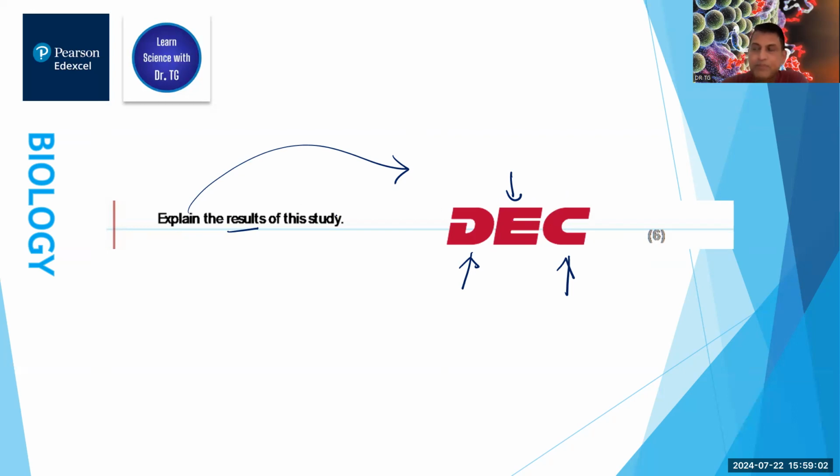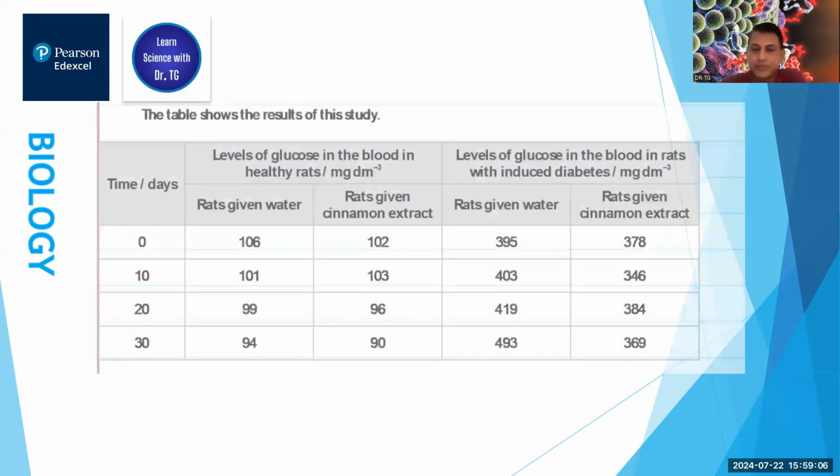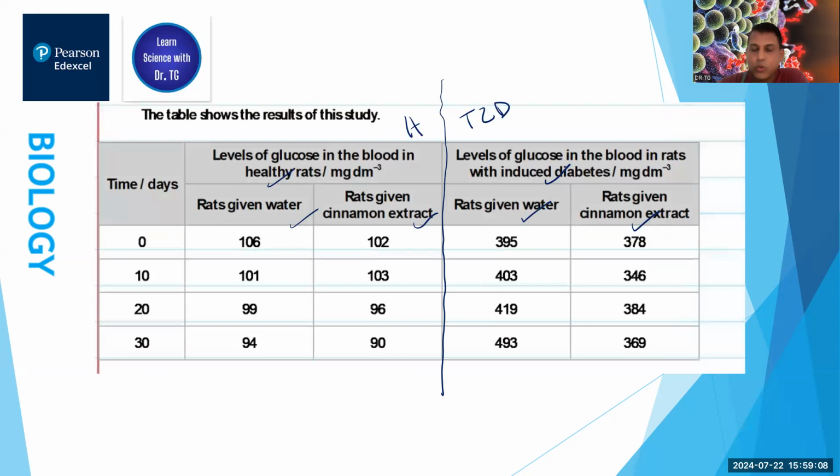First of all, you need to make the format for this question. There is only one table. You use this table for explanation of the result. I think this is quite easy for you now.